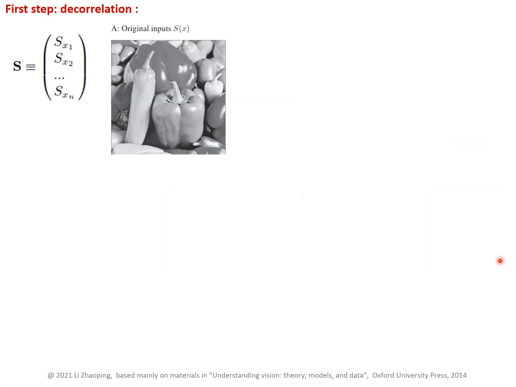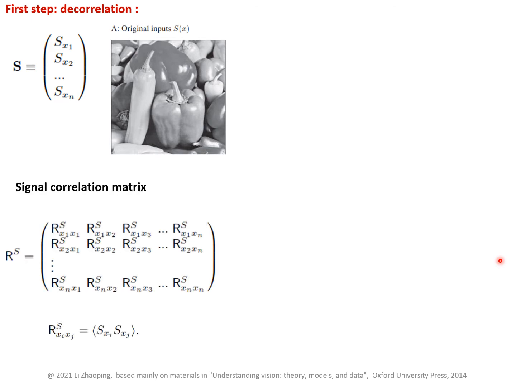First, decorrelation. To do this, we need to know the correlation matrix for correlations between each image pixel and any other image pixel. So for an n-dimensional input vector S for n pixels, this matrix Rs is an n by n matrix. The first row is the correlation between the first pixel, x1, and every other pixel.